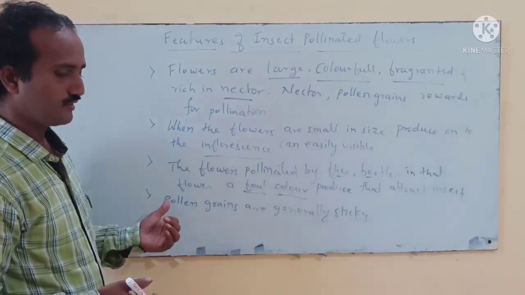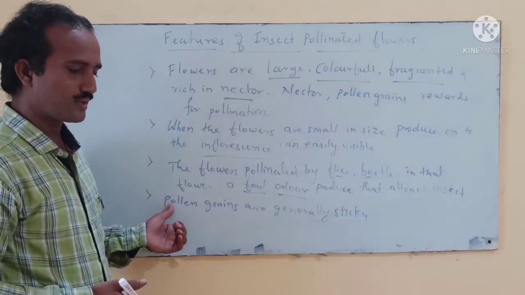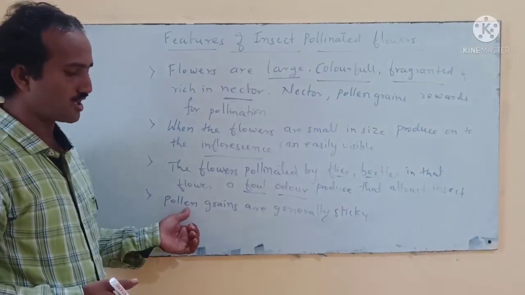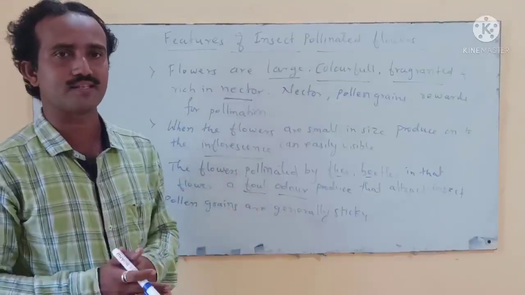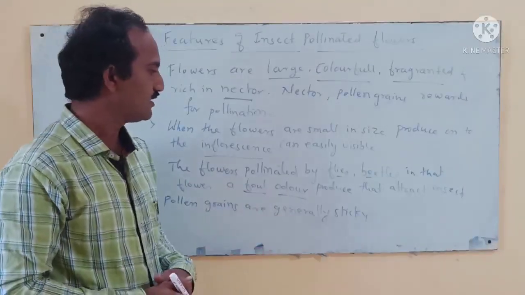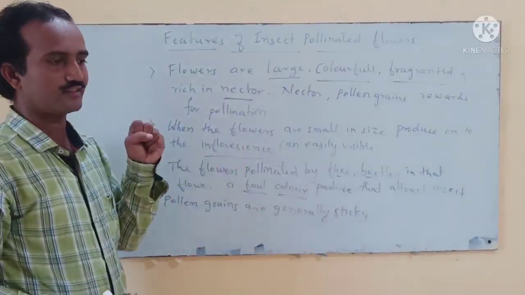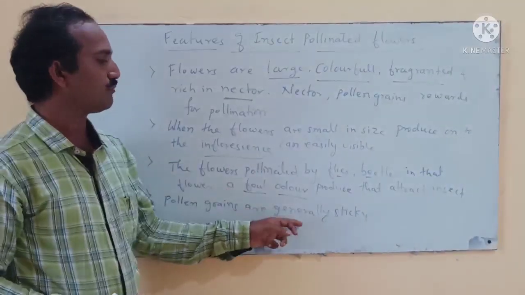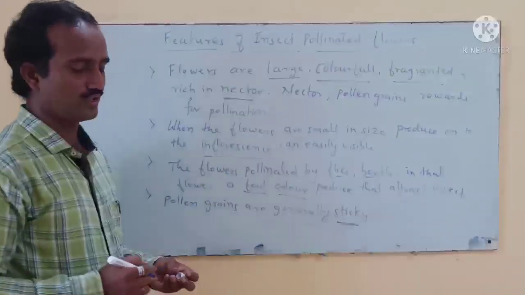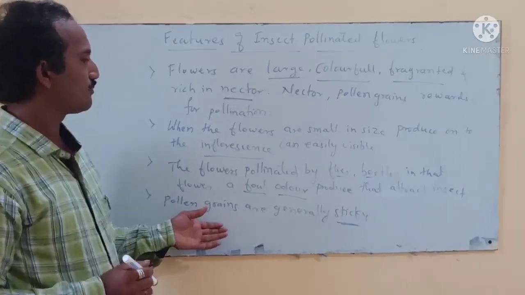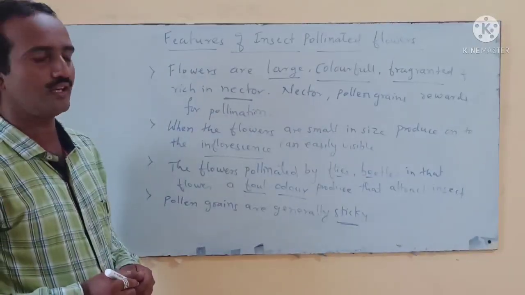So the insect pollination provides safe places to catch the pollen grains with the help of the sticky pollen grains, which stick to the insects and they can pass towards the stigma of the flower.